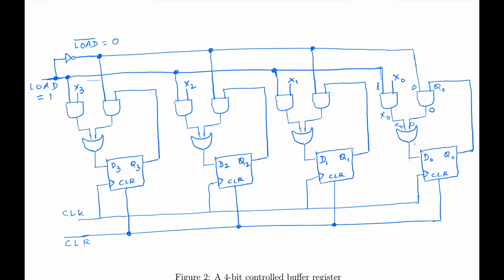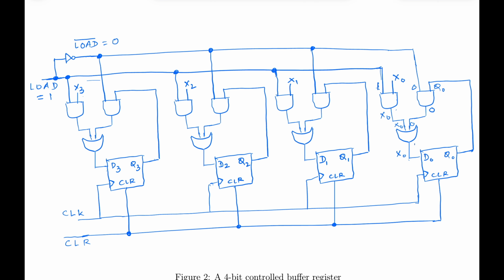So of the two inputs to the OR gate, one is 0 and another is X naught. So the output of this OR gate is X naught. Okay. This is input to this D flip flop. So when the positive edge of the clock pulse hits this D flip flop, X naught will be transferred to Q naught. Okay. So what is true for this unit is also true for this unit, and this unit.